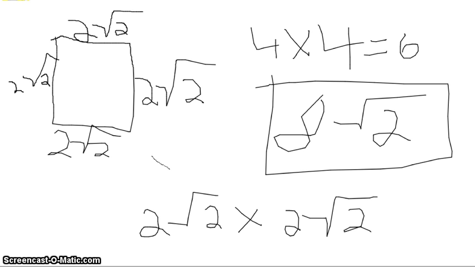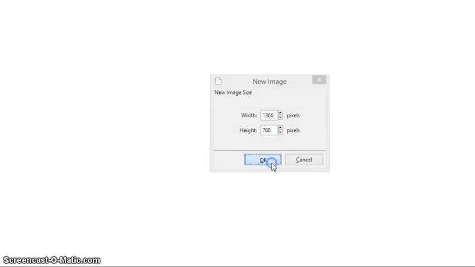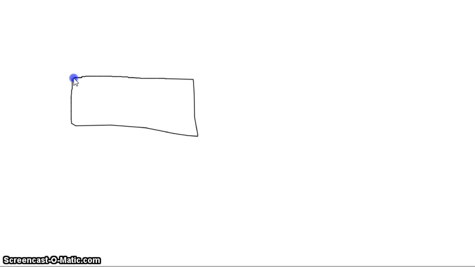Now on to rectangles. Alright, rectangle. So say that's a rectangle. Let's say we have 4 radical 3, and this is a short side, so 2 radical 2 again.